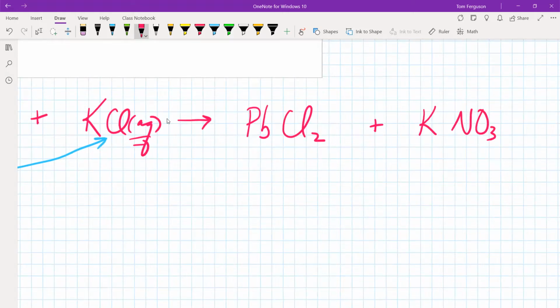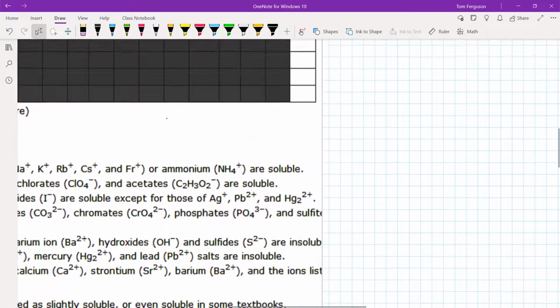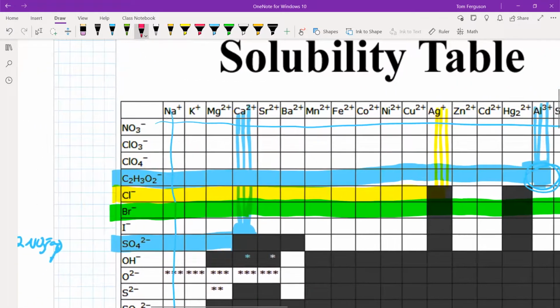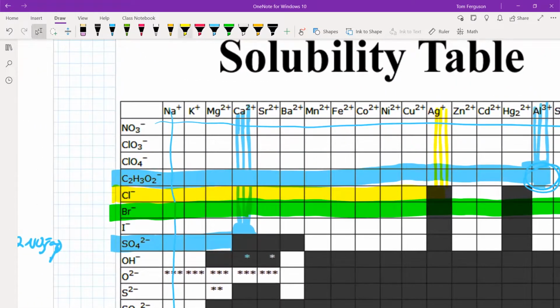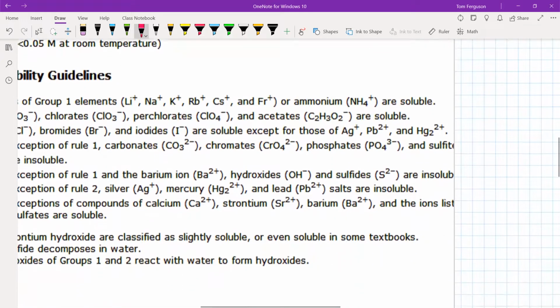Okay. So do either of these new combinations produce a solid? Okay. So let's look at lead and chloride. Okay, here's lead. And there's chloride. So chloride, if we come across, so that's black, that means it's a solid.